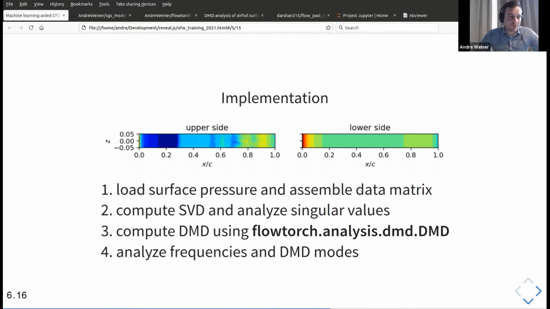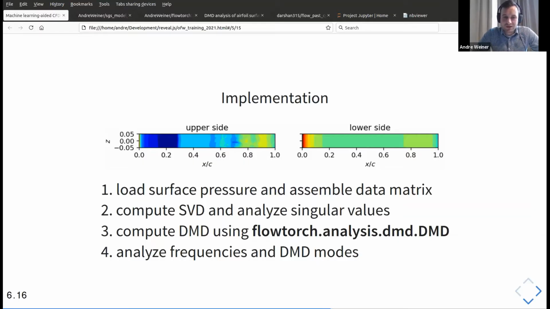So now let's get back to the surface data of our buffeting airfoil. What we do in this analysis is first load the pressure coefficient on the airfoil's surface, and then we use that to assemble the data matrix.